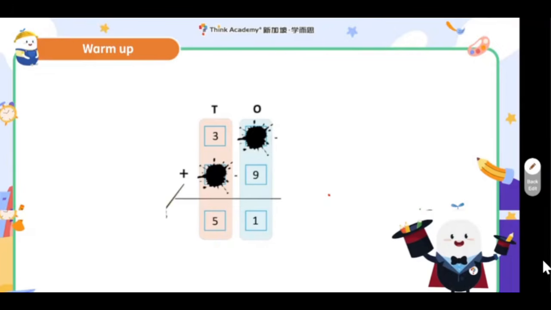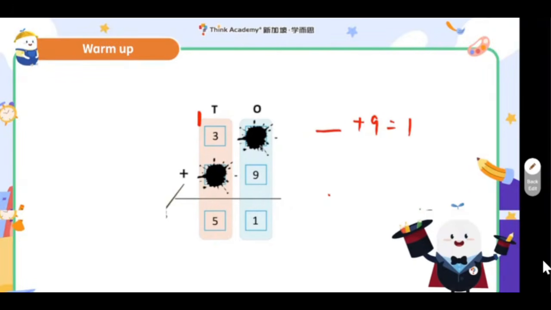Some number plus 9 equals 1. Is it possible, everyone? Some number plus 9 equals 1. Is it possible? No, definitely cannot, right? So that means there must be a carryover. Every time we see this kind of question, we need to label the carryover, the naughty one on the top, okay?